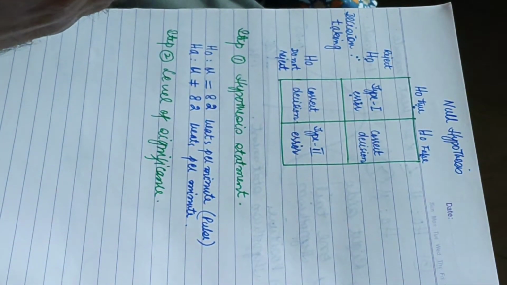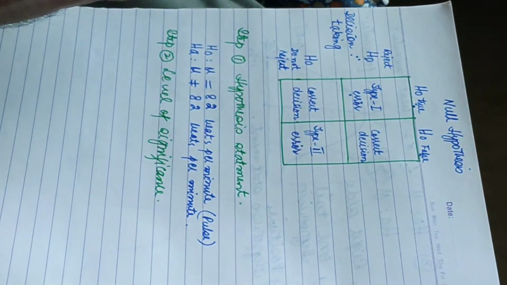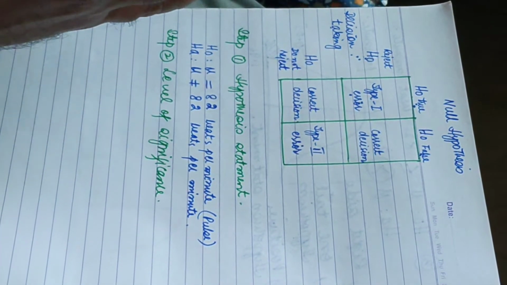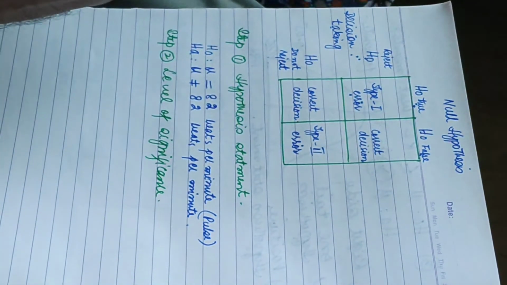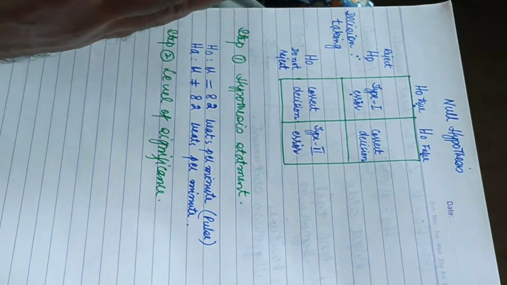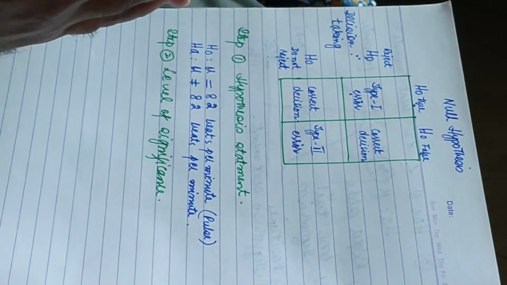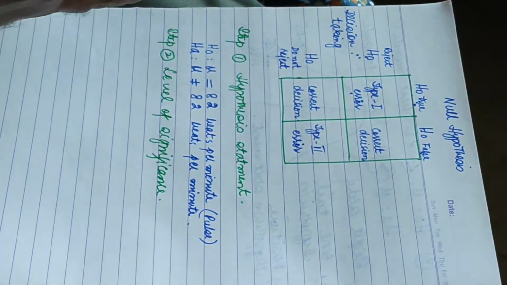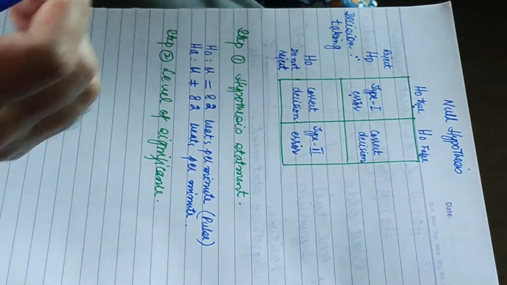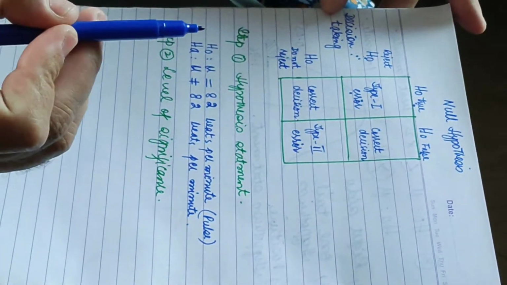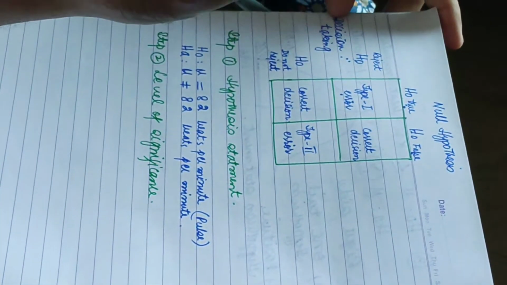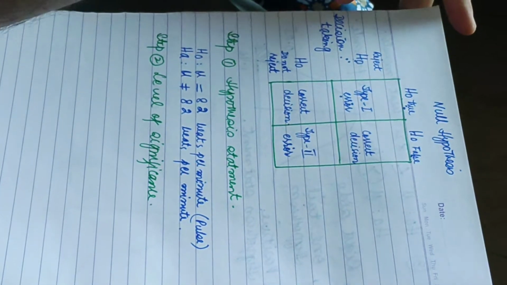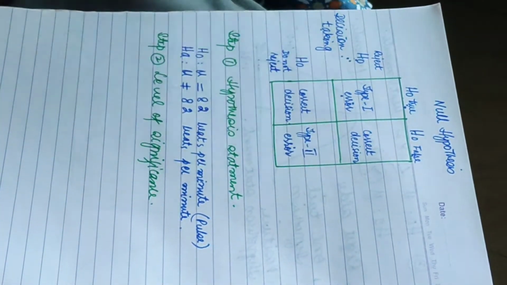The null hypothesis is the hypothesis in which there is no difference between the population parameter and the specific value, and it has already been tested by some other researcher.